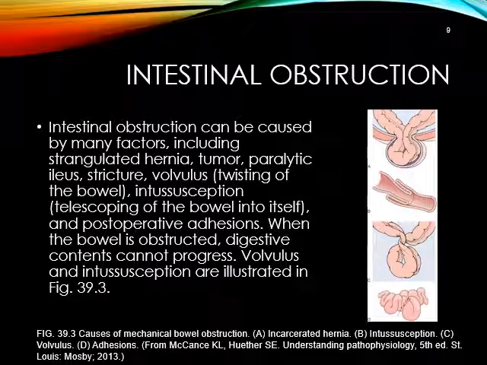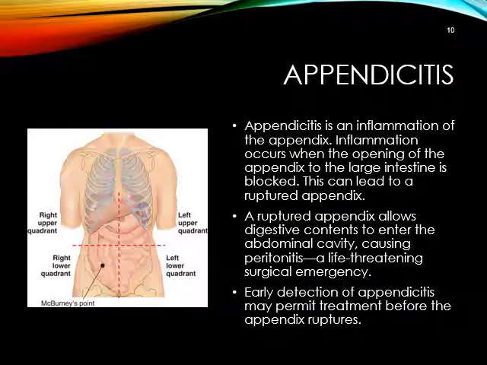Okay, let's move on. Appendicitis. Back in the old days, people died of this because they had no way of knowing really what it was. Appendicitis is an inflammation of the appendix. We don't really need the appendix anymore.